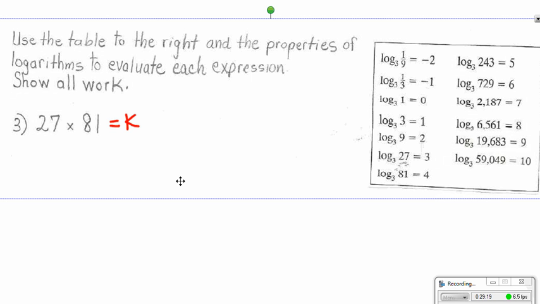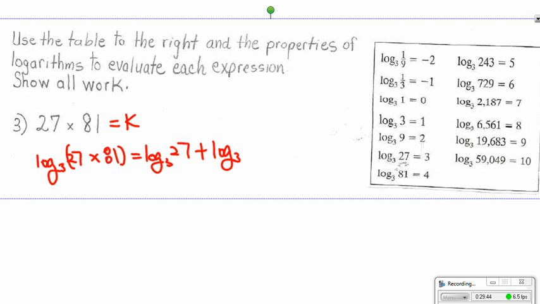And here, log base 3 of 27 times 81 will be equal to log base 3 of 27 plus log base 3 of 81.